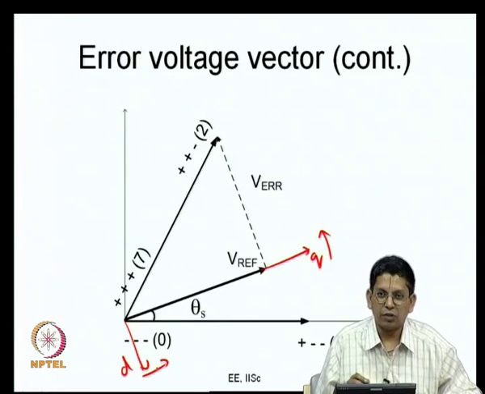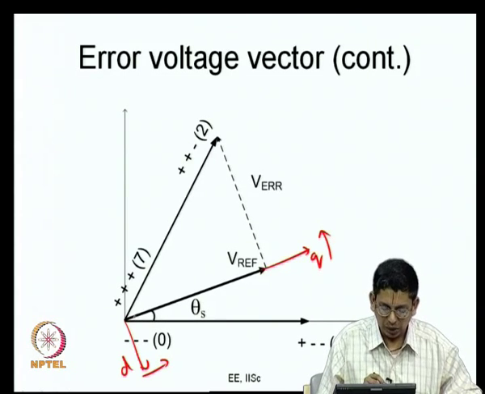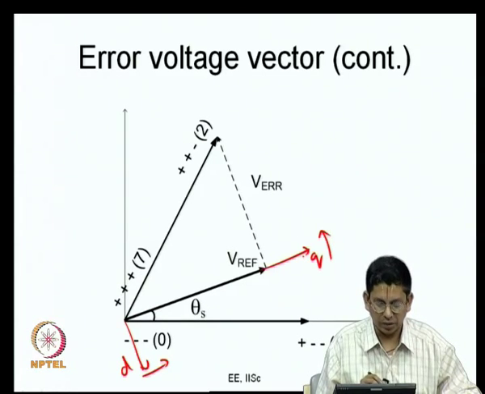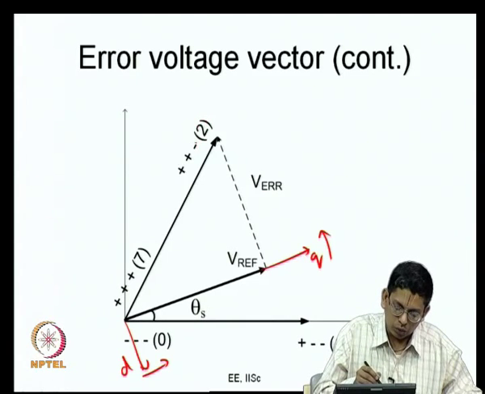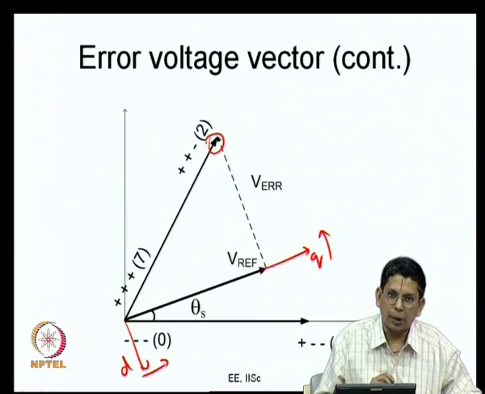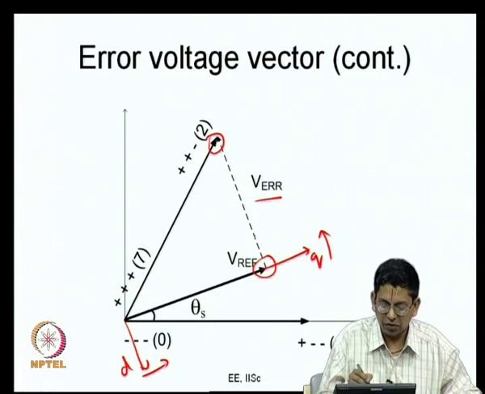They revolve at the fundamental frequency, and your sampling time is much smaller than the fundamental period. So, you can say your V reference vector is aligned with the q axis, and then this is your d axis. The applied vector is this, the desired vector is this, and the error vector is the difference between the two.